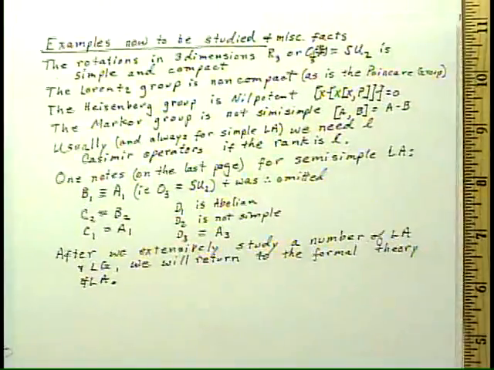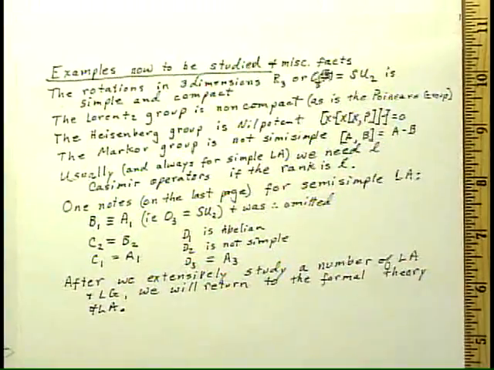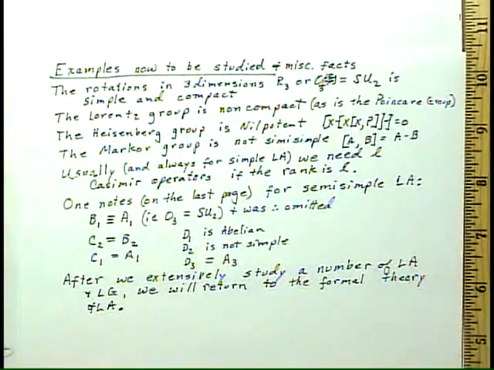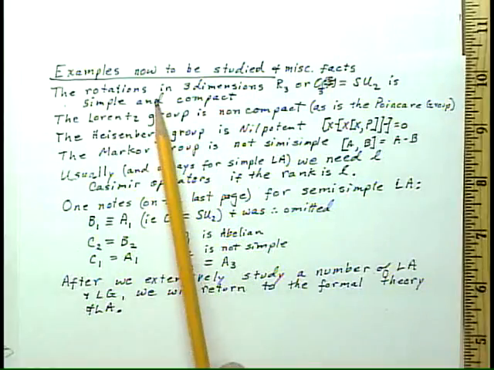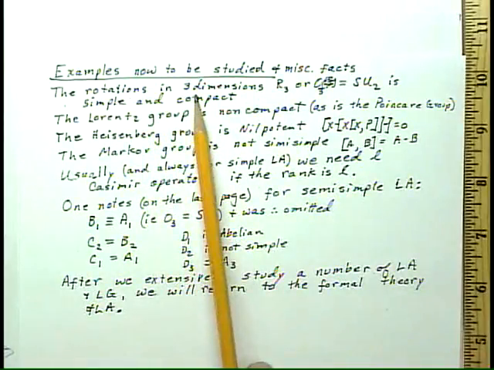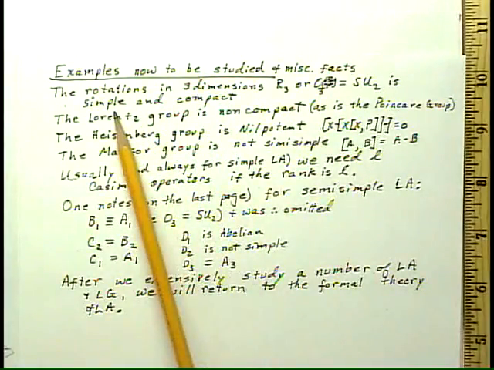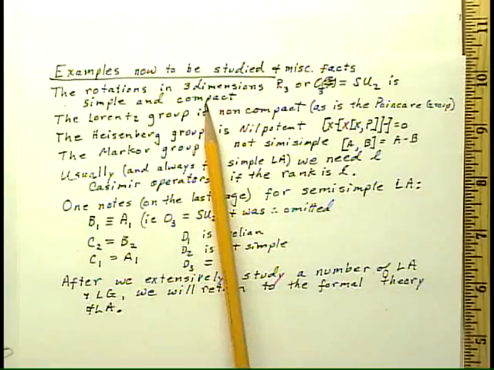To review again why some of those algebras did not appear, let me point out the following. Just some miscellaneous facts. If we think about the rotations in 3 dimensions, that group is both simple and compact.